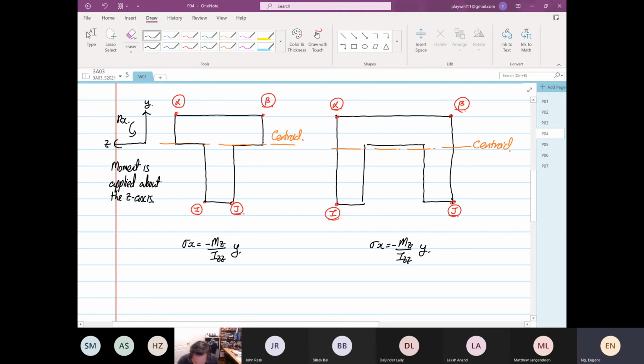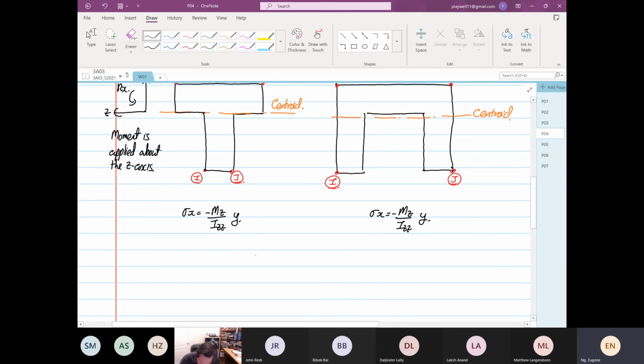Now, what is the constant for this, regardless of whether it is alpha, beta, I, or J? Regardless of position, Mz and Izz are constant.